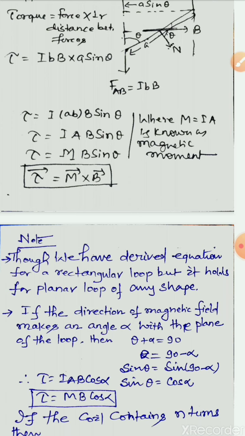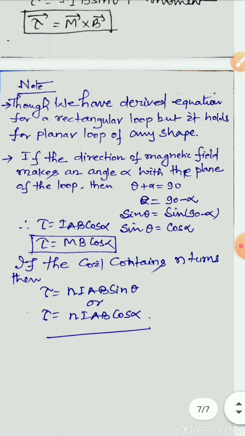Theta is equal to 90 minus alpha. Sin theta is sin(90 minus alpha), that is, sin theta is equal to cos alpha. So the expression for torque will be I A B cos alpha or M B cos alpha. So if the coil contains n number of turns, it will be simply multiplied by n.